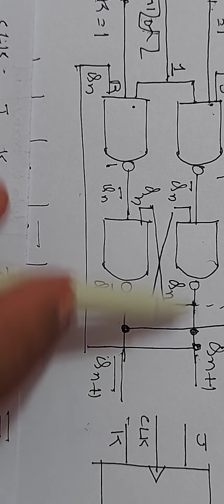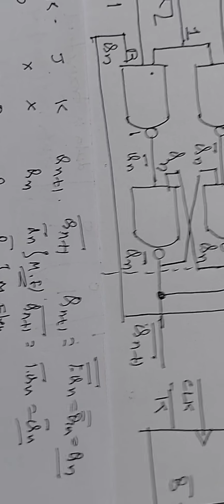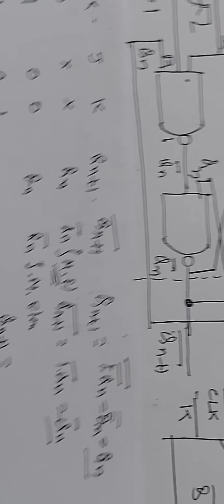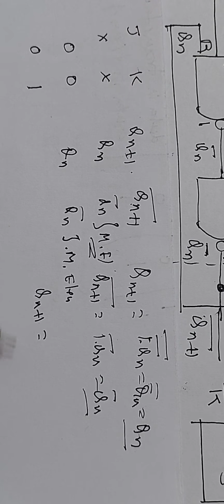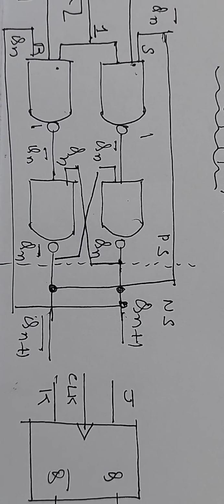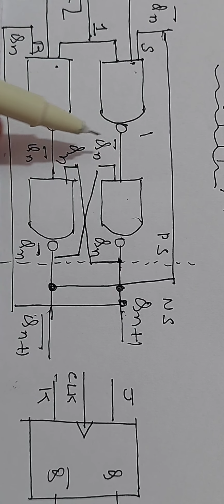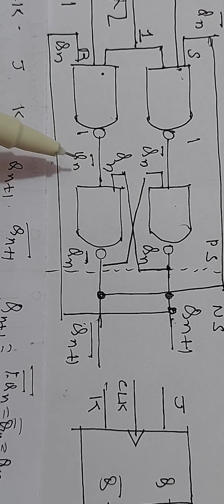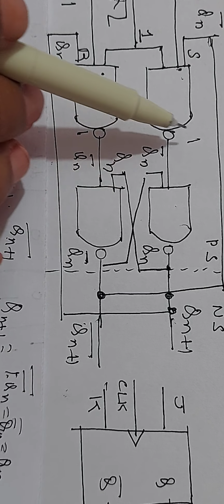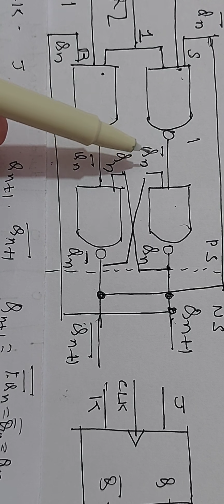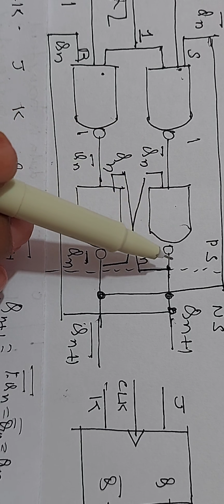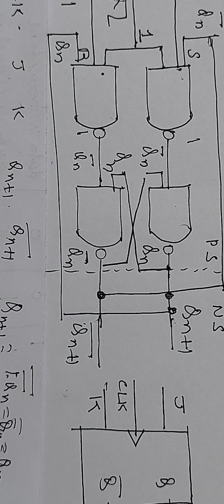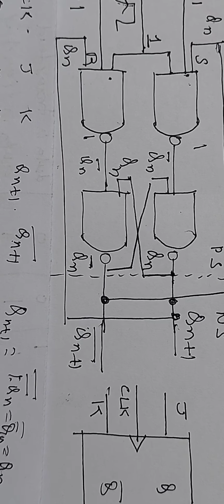Now Qn plus 1 becomes, the inputs of this are 1 and Qn bar. 1 into Qn bar is Qn bar. Output of this is the complement of Qn bar, that is Qn. Therefore, Qn plus 1 is Qn itself.